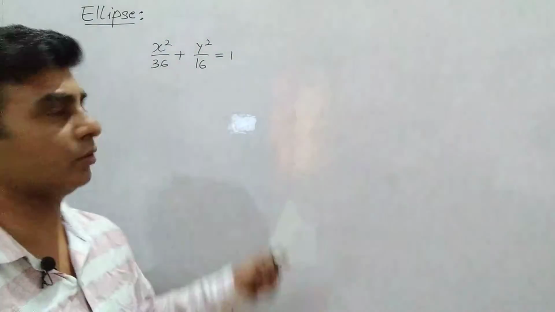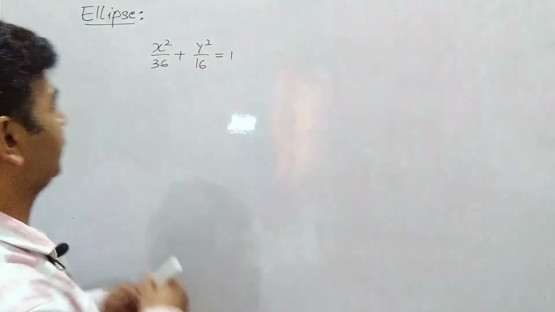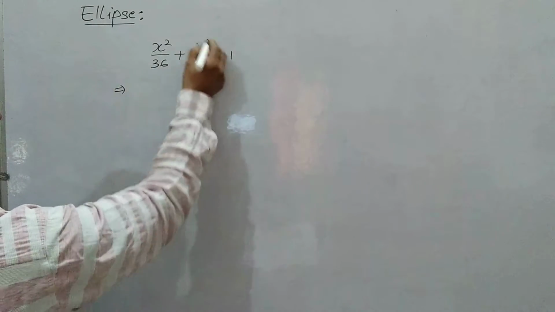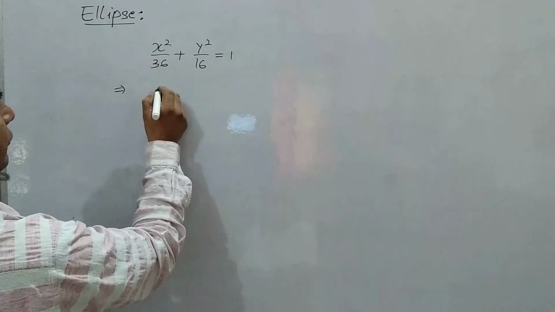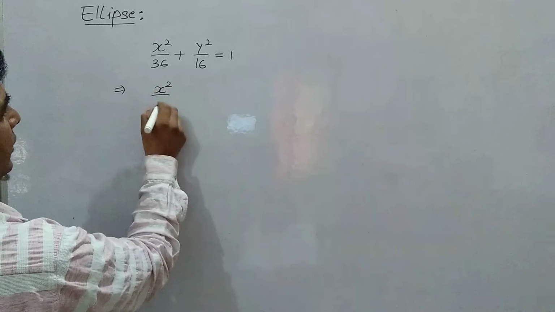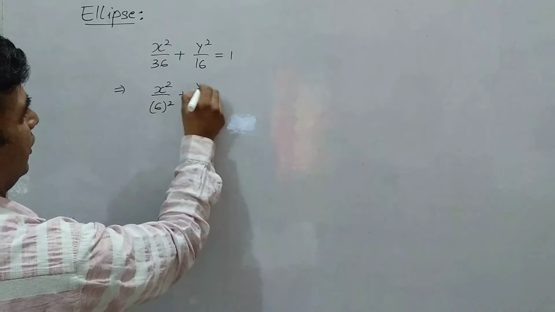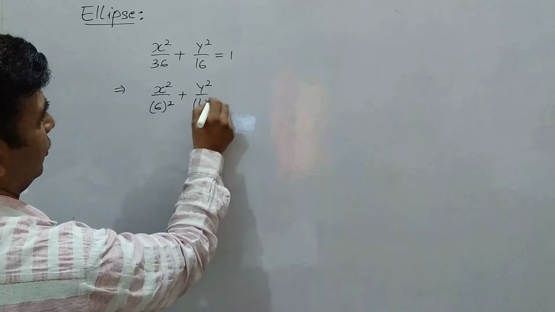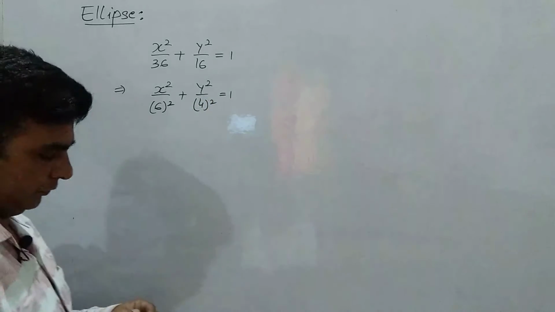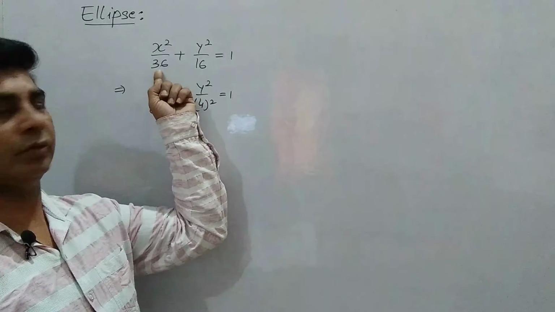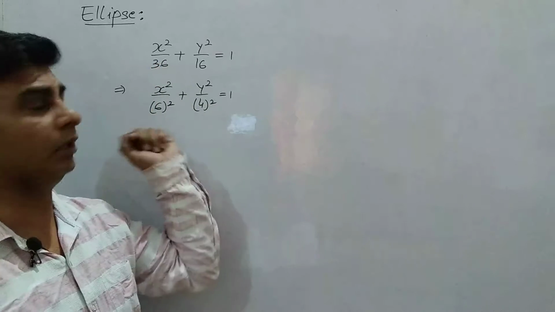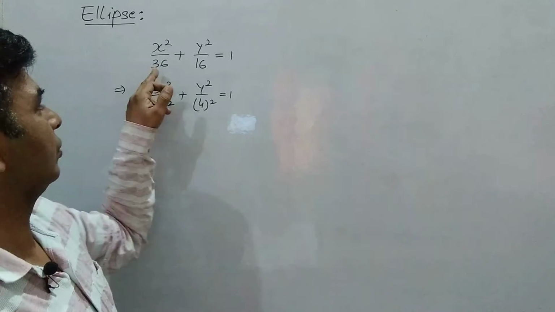Dear students, first of all we need to find the values of a and b, and for that let me write down the equation of the ellipse in standard form, which is x square by 6 square plus y square by 4 square is equal to 1. Because the bigger value is lying below x, this is a horizontal ellipse along the x axis.